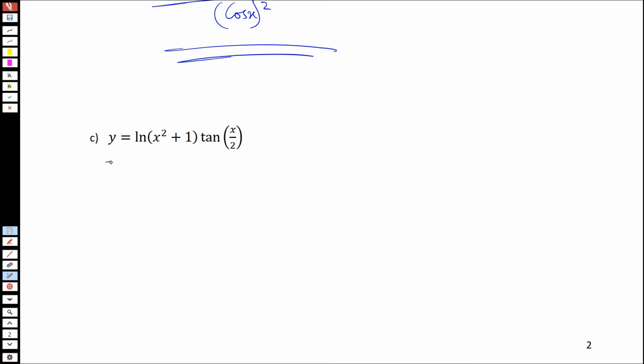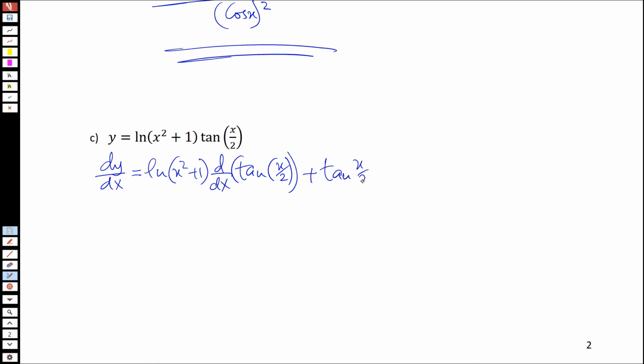So dy over dx will be equal to ln of x squared plus 1 multiplied by the derivative of tan of x over 2, plus tan of x over 2 multiplied by the derivative of ln of x squared plus 1. All right, so one thing you can notice here is that we are going to apply the chain rule in each of these cases because we have functions inside the given functions.